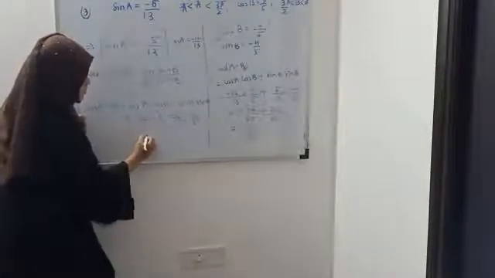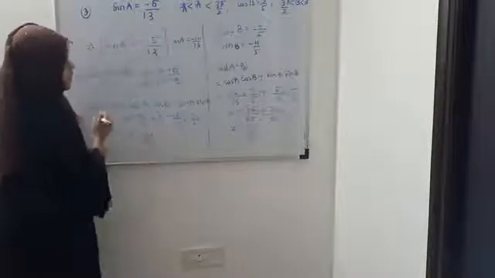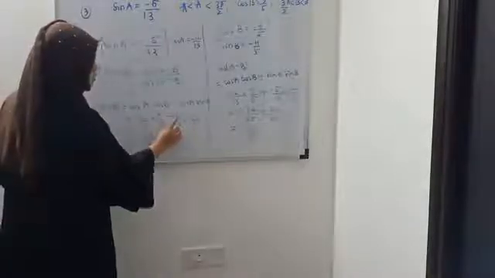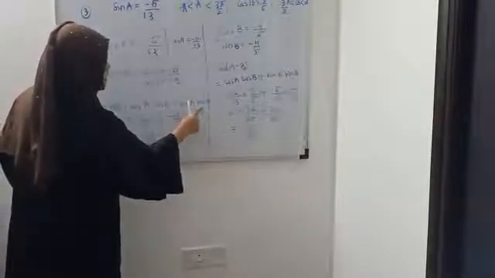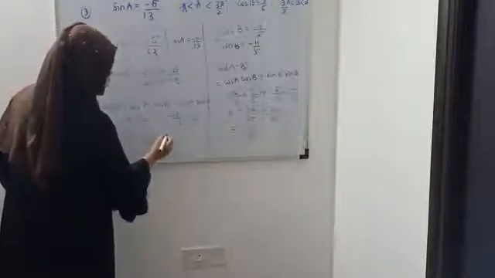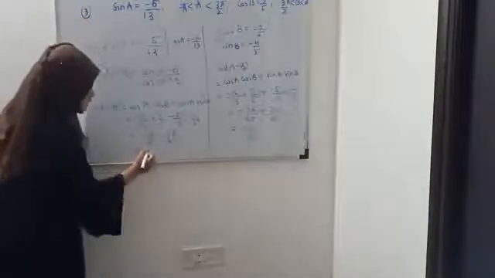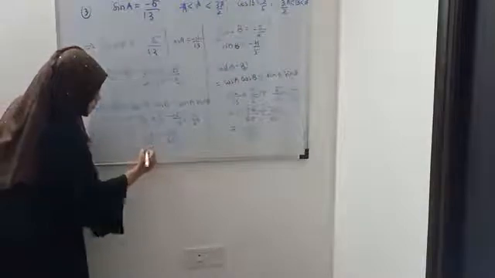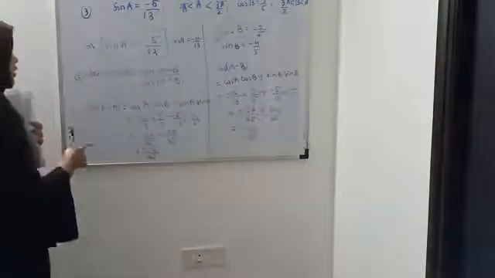So this is minus 36 upon 65, and here it is minus, see, minus minus plus. Sin A is minus and sin B is also minus, and the minus sign is also there. So 20 upon 65. So it is minus 56 upon 65.